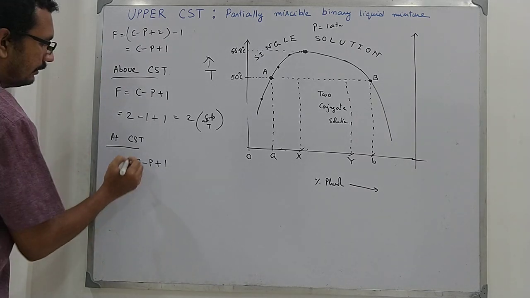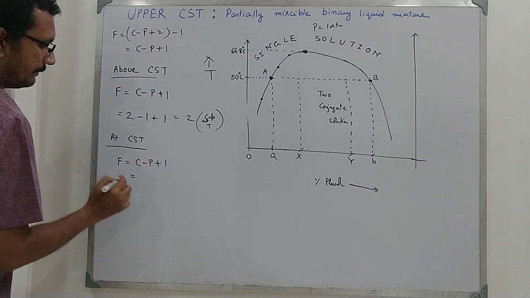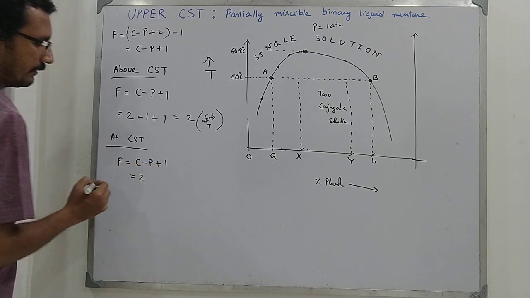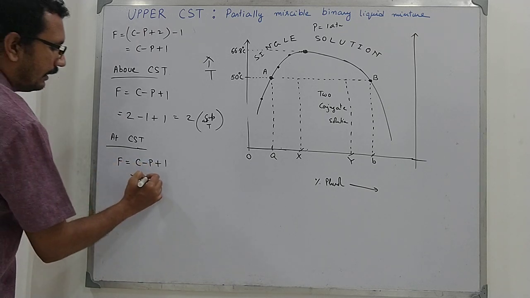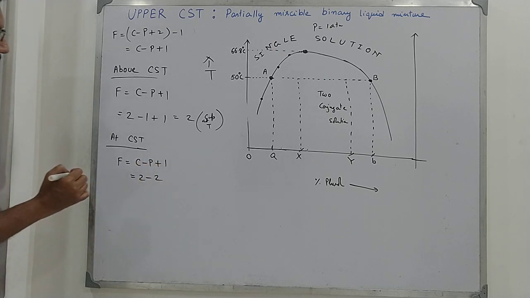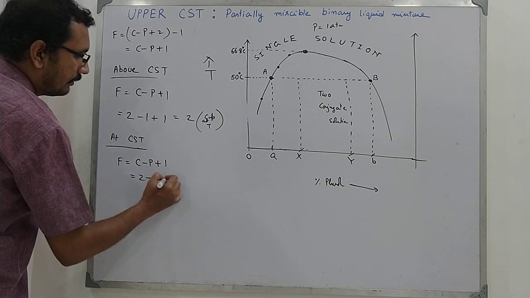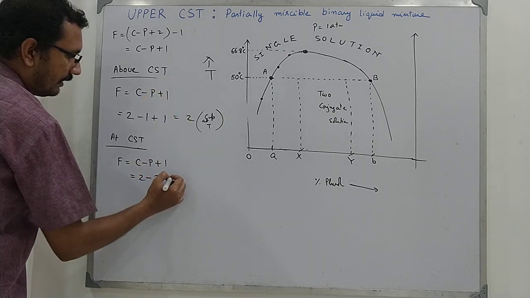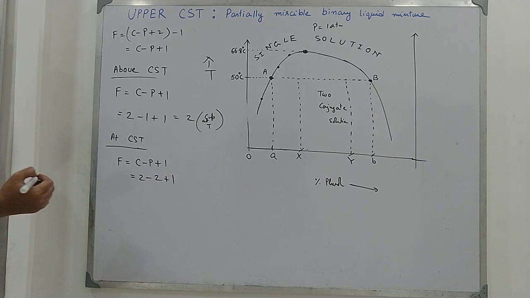We have at this CST 2 components, and 2 phases, since it is within the domain, and it is plus 1.